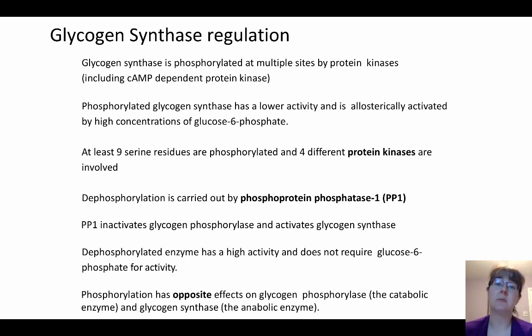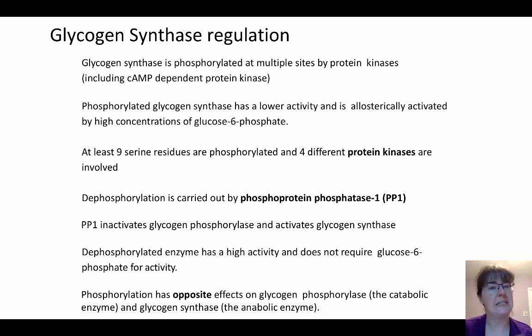So again, this is the reverse of what we saw in glycogen phosphorylase. Glycogen synthase has a lower activity when it's phosphorylated, but is activated allosterically by high concentrations of glucose 6-phosphate. So there's at least 9 serine residues and 4 different protein kinases involved to get this thing phosphorylated.